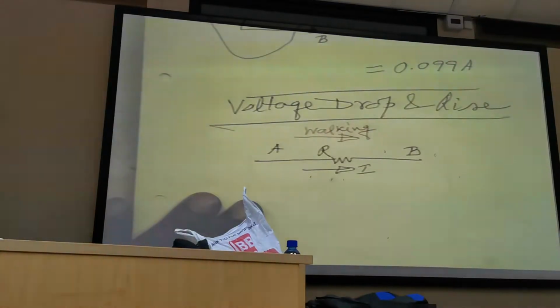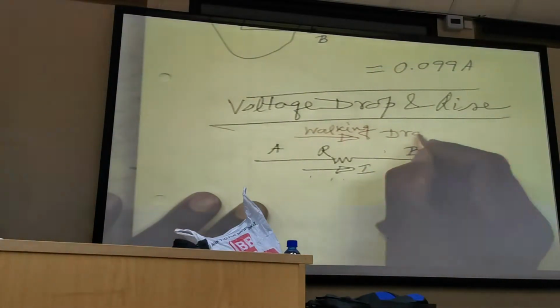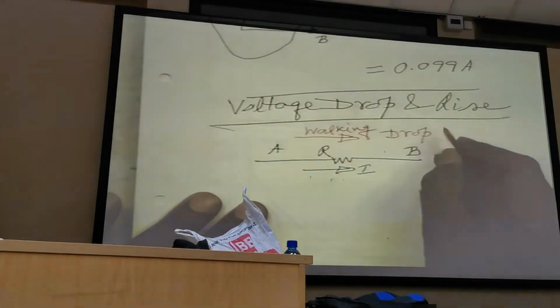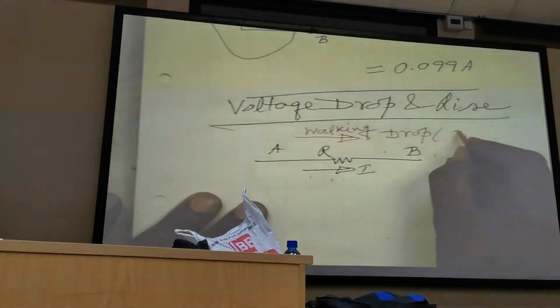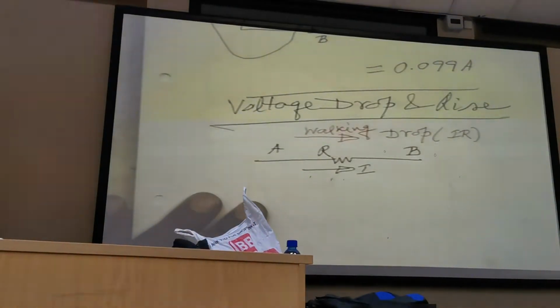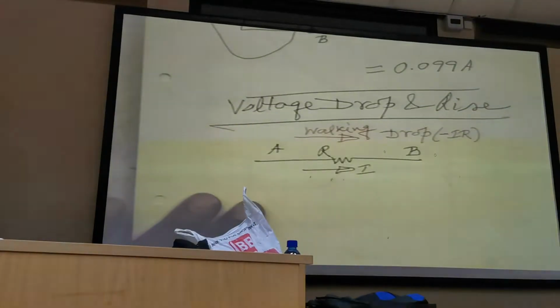So that would be drop. So this one is drop, which is negative. And the value would be IR, right? And our convention is drop is negative. So this one is negative. Clear? Yes or no?